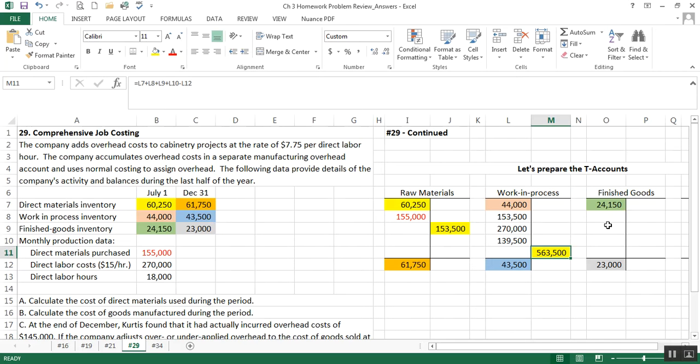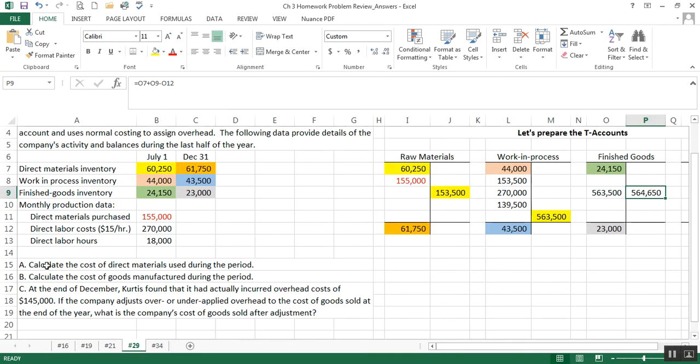And then we know that this moves over to finished goods. Okay. And now we need to figure out our cost of goods sold. In order to do that, we would take our beginning plus cost of goods manufactured minus our ending. And our cost of goods sold would be $564,650.